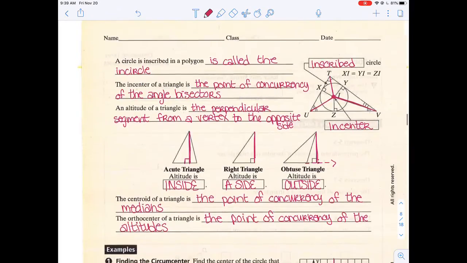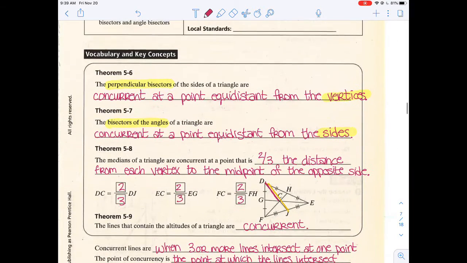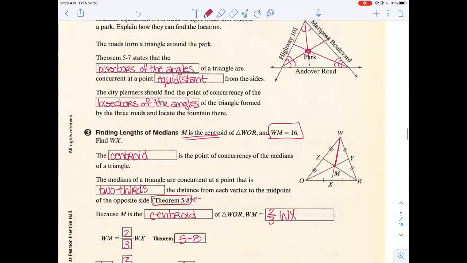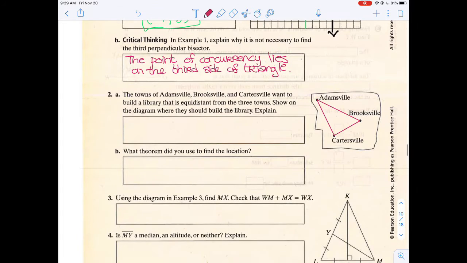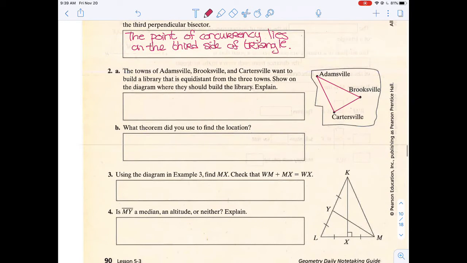So I'm going to go back to my theorems. Equidistant from the vertices would be this theorem 5, 6. And we need to use perpendicular bisectors of the sides. Okay, so perpendicular bisectors of the sides. So, if I draw a perpendicular line now, will this be perfect?